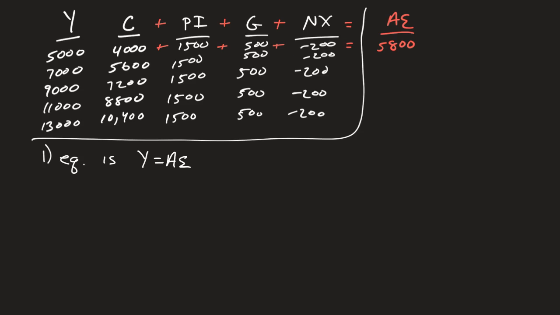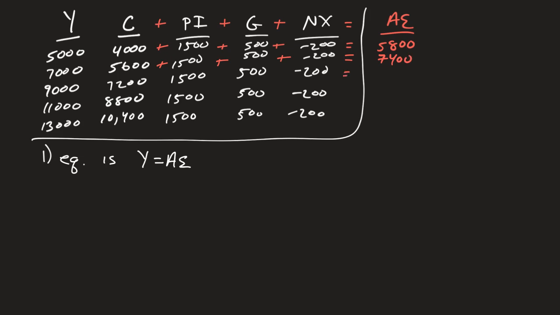So let's just continue doing that for each one of these. Again, we're going to add each one of these up. So we've got 5,600 plus 1,500 plus 500 minus 200. That's 5,600 plus a total of 2,000, which ends up being 7,600, minus 200 is going to be 7,400.